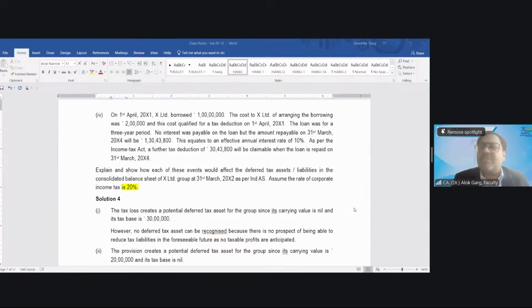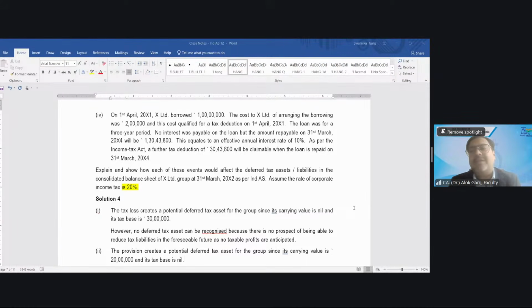In this question, what is the period of the loan? 3 years is the period of the loan. And what is my EIR? 10%. So on day 1, what is my value of financial liability in my accounting books? 98 lakhs.